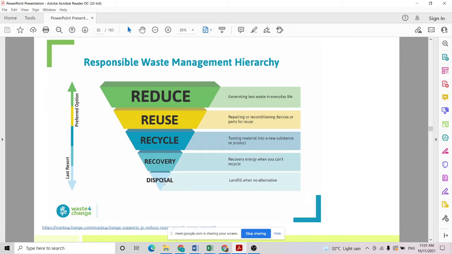If it cannot be recycled, it needs to be disposed of. This disposal will use the landfill, so keep disposal to the very minimum. That is the hierarchy of waste management.